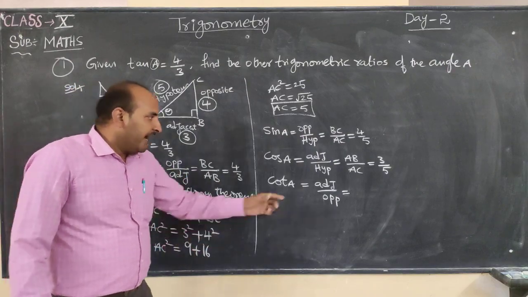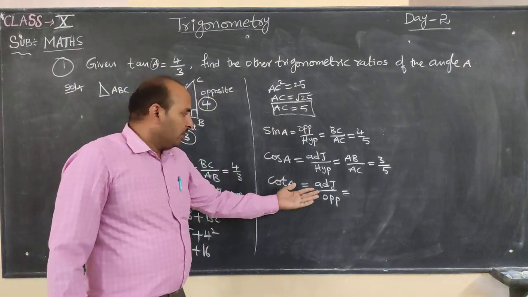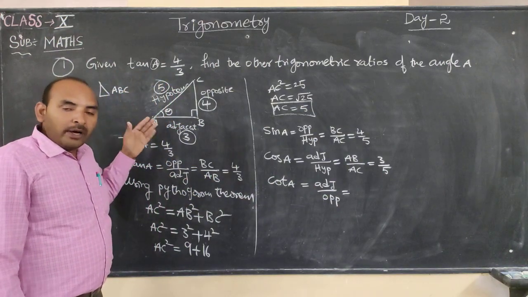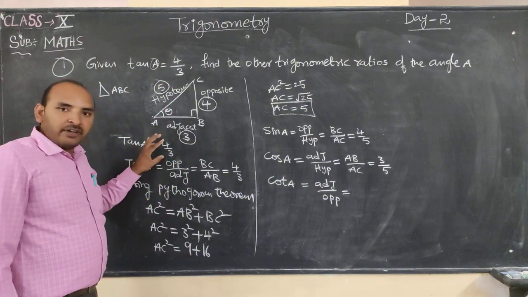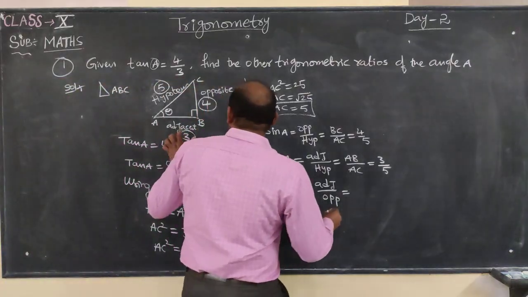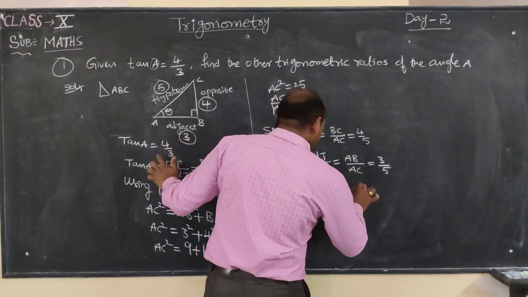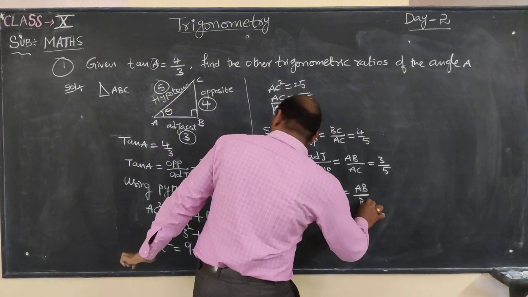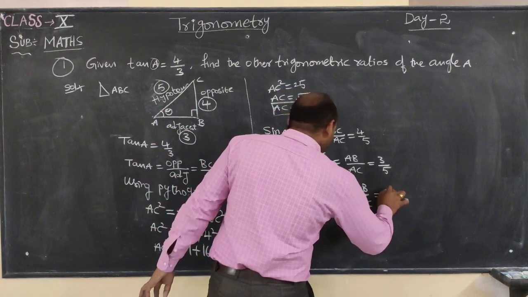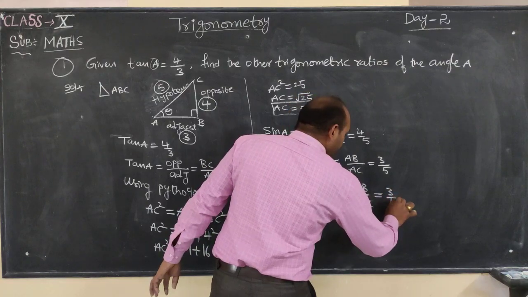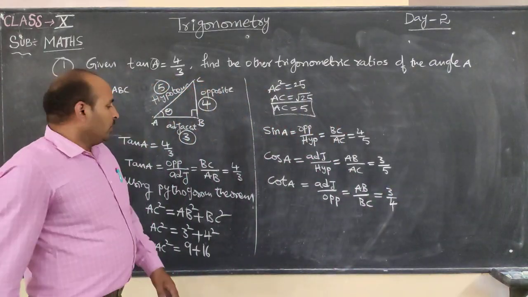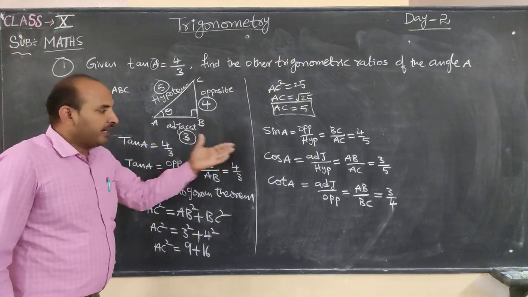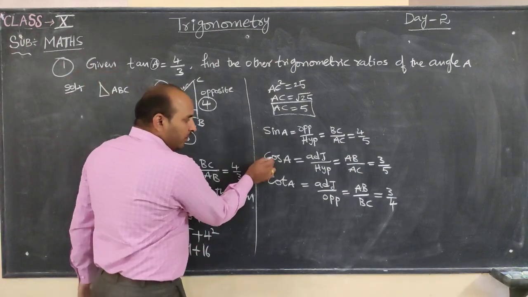Cot A formula is adjacent side by opposite side, the reverse. So this is equal to AB divided by opposite side value BC, which is 3 by 4. Cot A is the reciprocal of tan A, or you can write the direct answer.